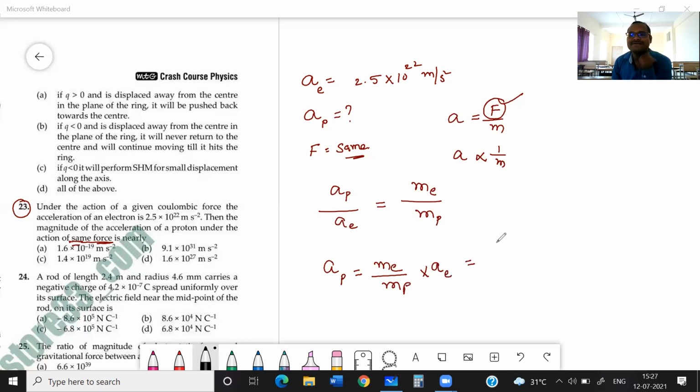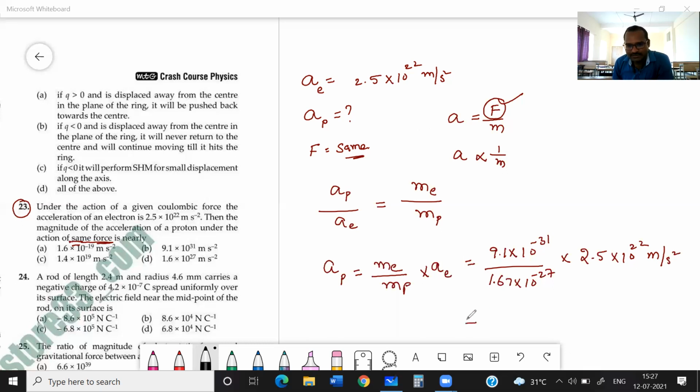As you know, mass of electron is 9.1 into 10 to the power of minus 31 kg divided by mass of proton, 1.67 into 10 to the power of minus 27 kg, into acceleration of electron, which is given as 2.5 into 10 to the power of 22 meter per second square. Clear, students?